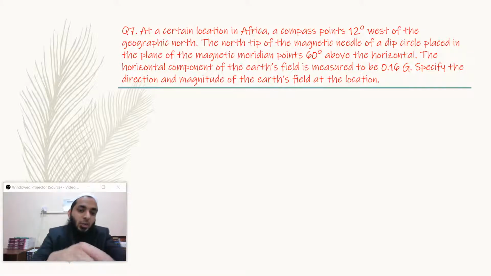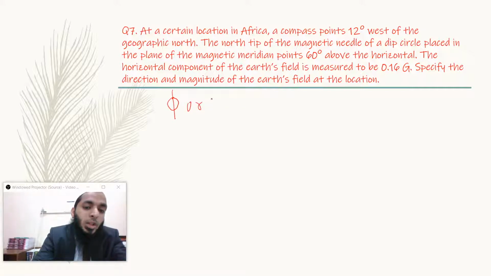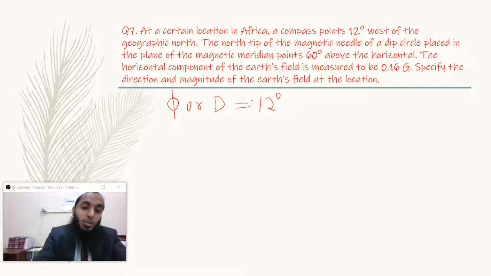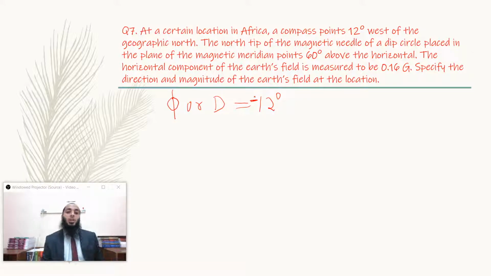So what they are saying is nothing but phi, or what you learned as D, the angle of declination. So this is the angle of declination, 12 degree west of geographic north, and you remember, angle of declination will be negative if it is pointing towards west. So we will write it as minus 12 degrees.